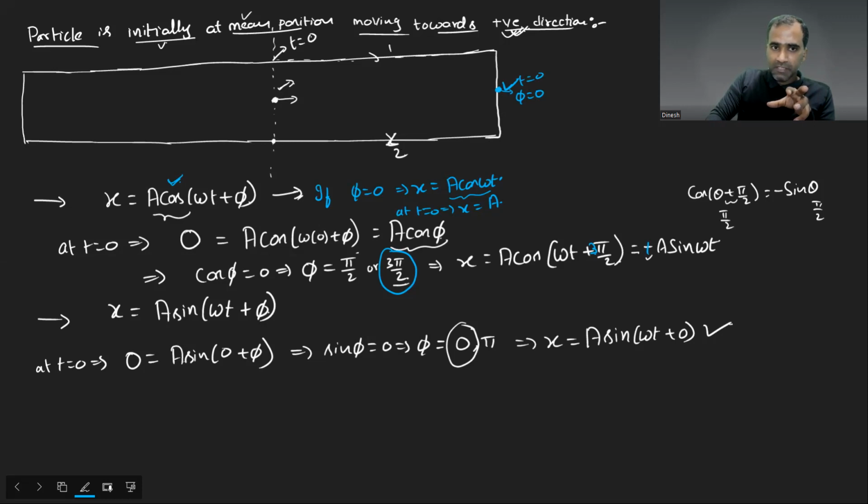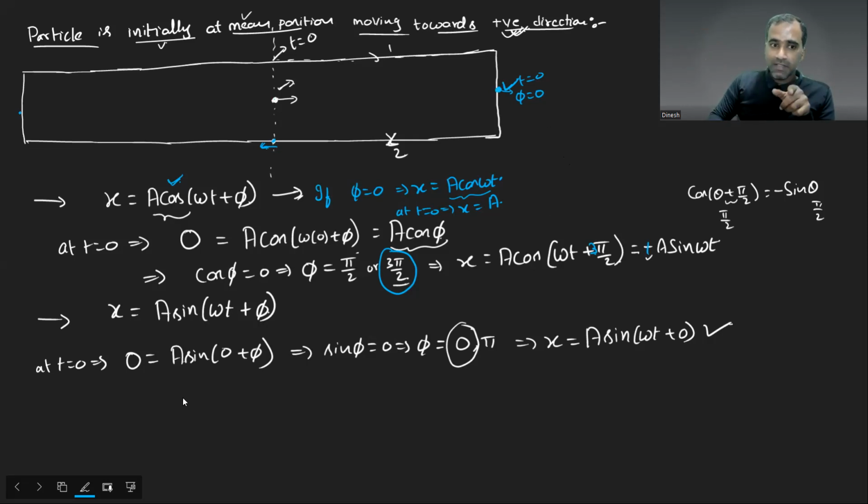Then when you come here, the phase will be pi by 2, but the direction is in the negative direction. When you come here, the phase will be pi, and when you come here, the phase will be 3 pi by 2. So when you're taking cos, the measurement starts from the extreme position, on the right side extreme. You should start measuring the phase or time from the right side extreme.